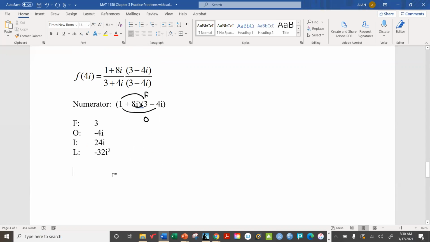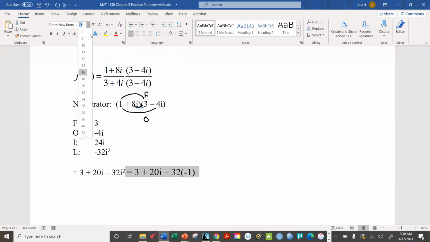So anyway, this equals 3 plus 20i minus 32i squared. Now, of course, that means we can get rid of that i squared because it's just negative 1. All right, hold on one second. All right, that's better.